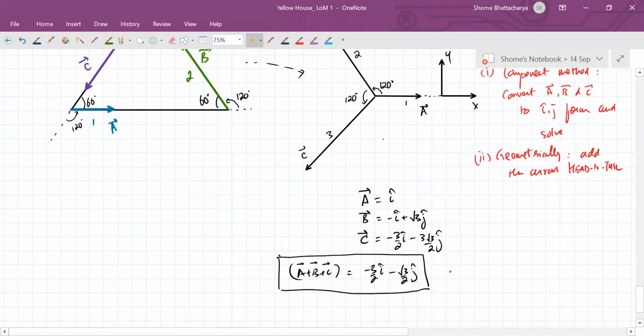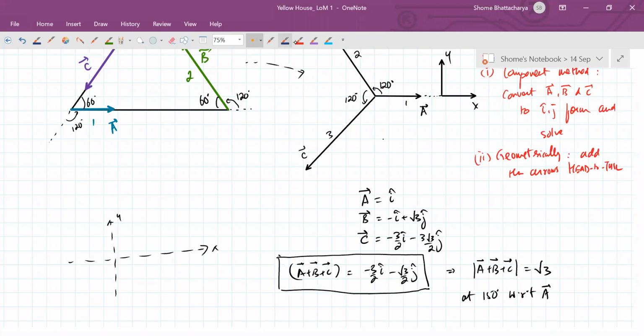So this is of magnitude... When you work out this magnitude, this will come out to be root 3, and this will be at 150 degrees with respect to x-axis, because this resultant that you get with respect to your xy system, ये ऐसा आ जाएगा.